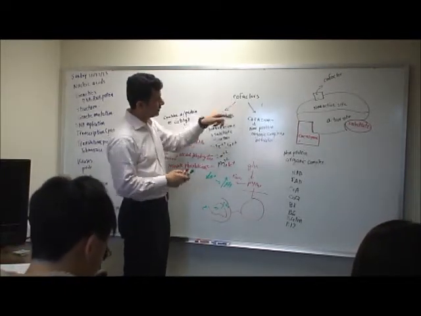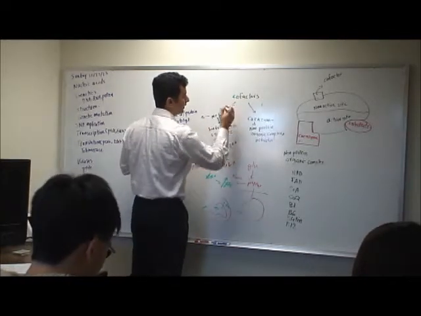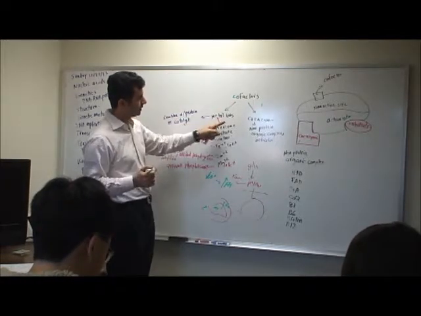Cofactors are divided into coenzymes and metal ions.